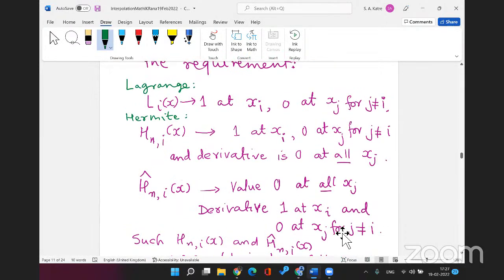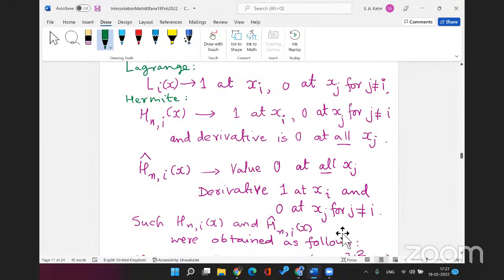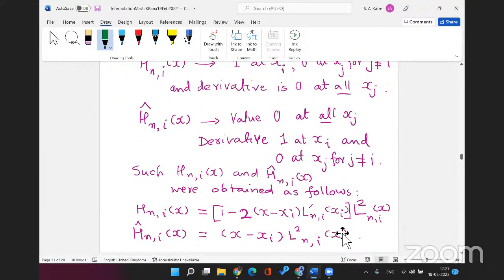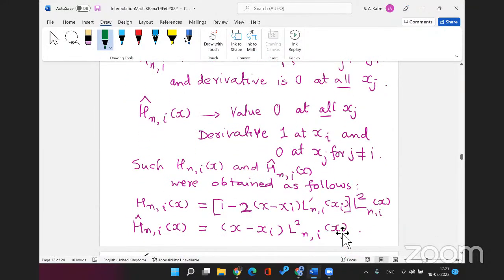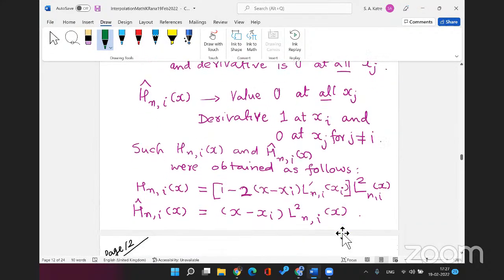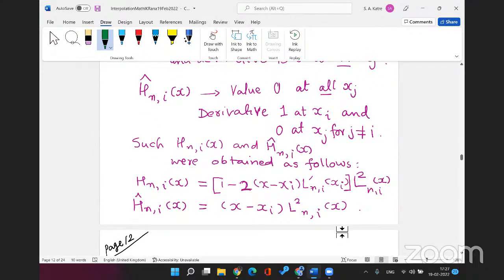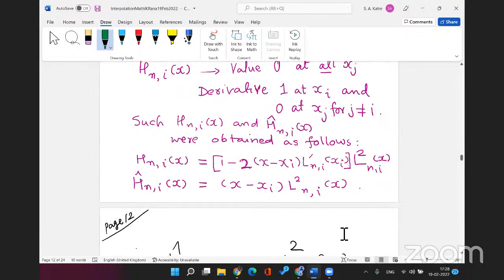For Hermite, H_{n,i} is 1 at xi, 0 at xj for j not equal to i, and derivatives are 0 at all xj. H hat has value 0 at all xj, derivative 1 at xi and 0 at xj, j not equal to i. Such H_{n,i}(x) and H hat_{n,i}(x) are obtained as follows.